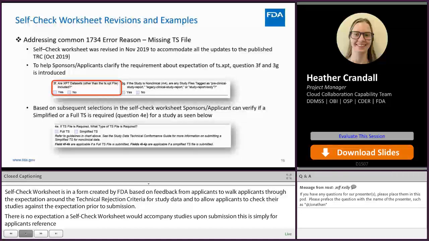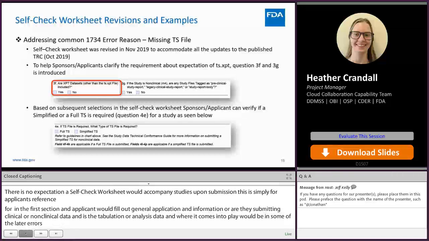But if the sponsor fills out that they are submitting an ANDA application with clinical data, then question 3F, highlighted here, would be available to be answered, and that is asking, are XPT datasets other than the ts.xpt file included in this particular study?